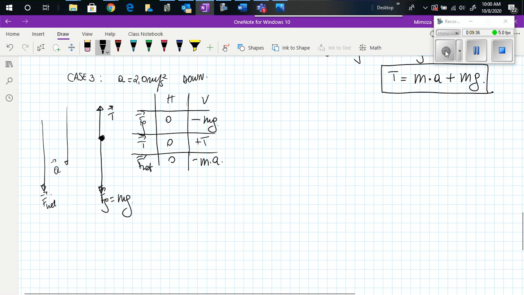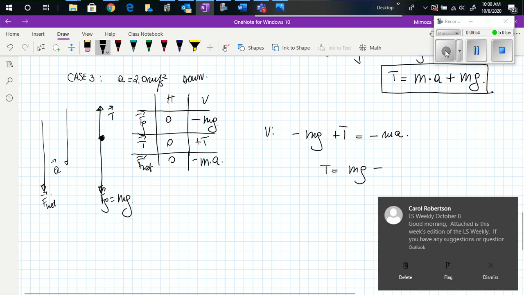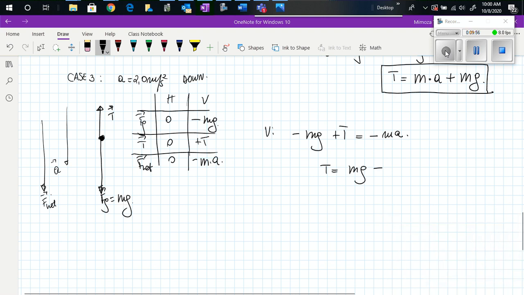So from the vertical component of the free body diagram, we have negative mg plus T is equal to negative mass times acceleration. So then tension will be mg minus mass times acceleration.